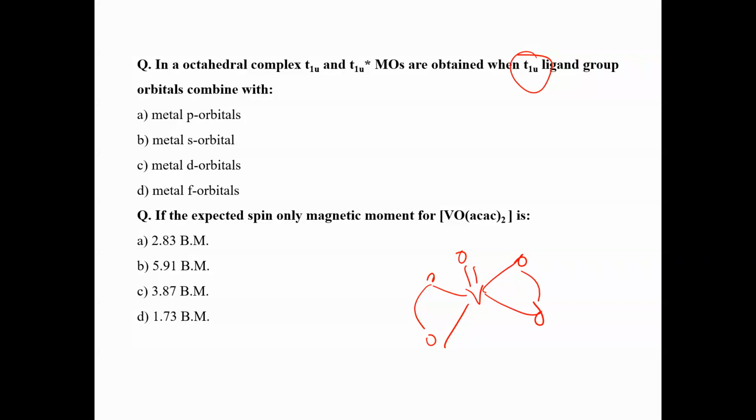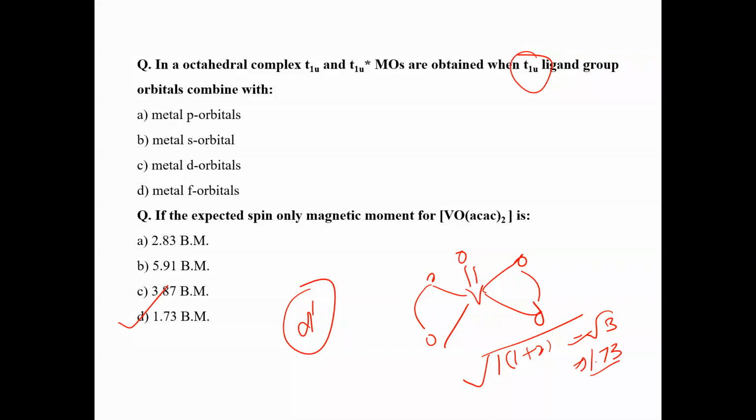So it will be a d1 configuration, and just write the formula, that will be under root 3, that is 1.73. So it will be the right answer.